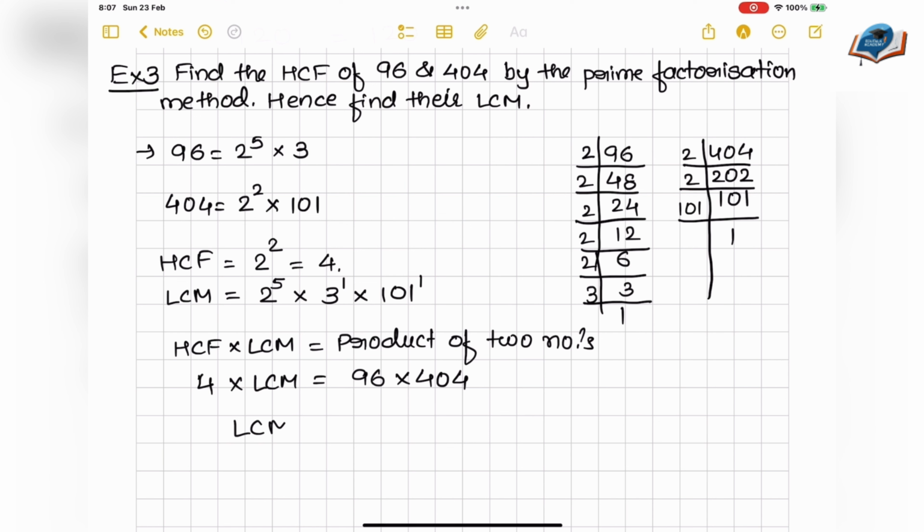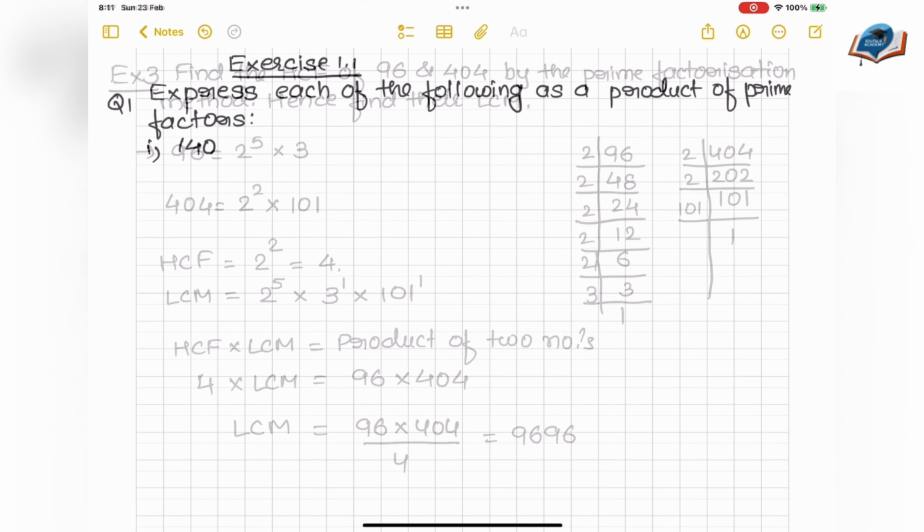So LCM will be 96 into 404 upon 4. If you cut it out, you will get the final answer as 9696. So that LCM you will get by both methods.